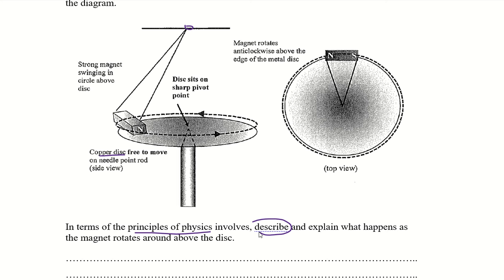Describe, explain what happens as the magnet rotates above the disc. Okay, so describe is obviously to indicate any features, so any observations and features.